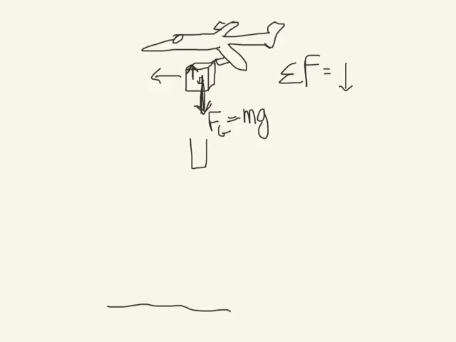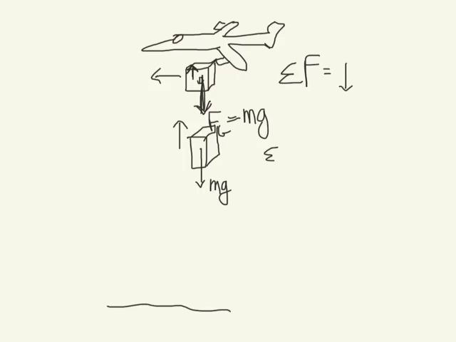But then as that box falls for another couple of seconds, it gets even faster, and the wind is just whistling by it, and the wind is pushing a lot harder, so that the force due to air resistance is now almost as great in magnitude as the gravitational force pulling it down.